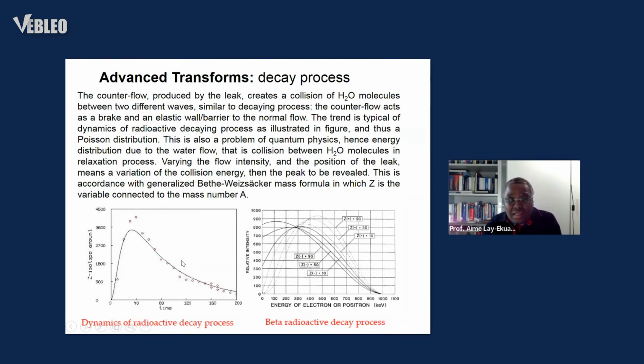So one of the ideas is to use these transforms by leveraging the water molecules in a relaxation process. This is an example, the dynamics of radioactive decay process, and we have the beta decay process by means of the Bethe-Weizsäcker mass formula.